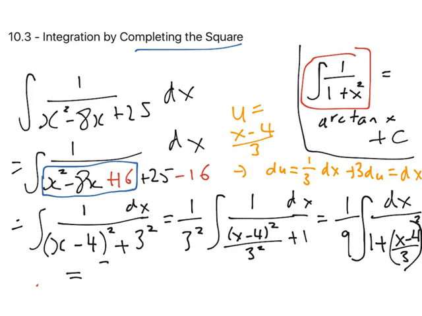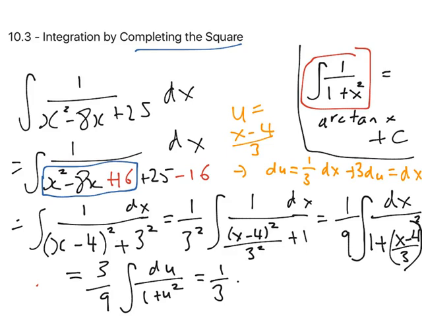That's why our integral is going to be equal to 3 over 9 times the integral of 1 over 1 plus u squared du. Sorry, not dx, it's going to be du at this point. So 3 over 9 times the integral of 1 over 1 plus u squared du.